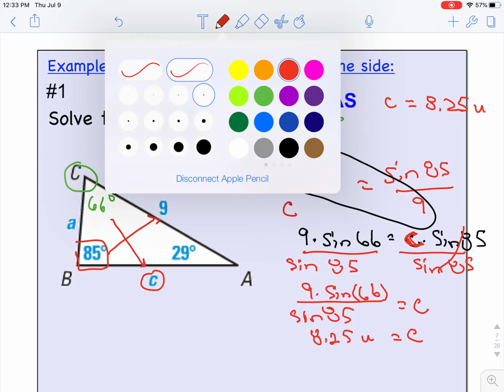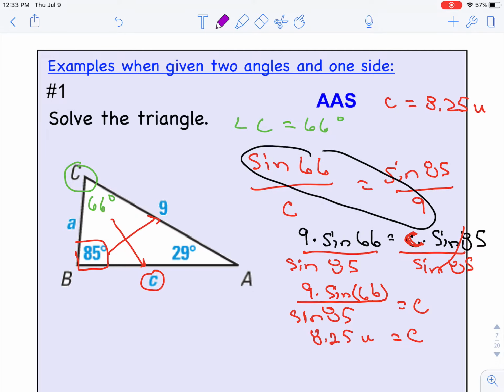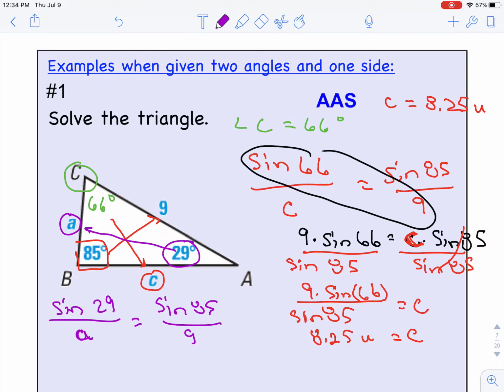Now we can't use the Pythagorean theorem to find A because it's not a right triangle like we did before. So to find side A, we are going to have to use this 29-degree angle. We set up the sine of 29 divided by the side with it, which is side A, and that is equal to, again, the sine of 85 with the 9, the side with its matching pair.